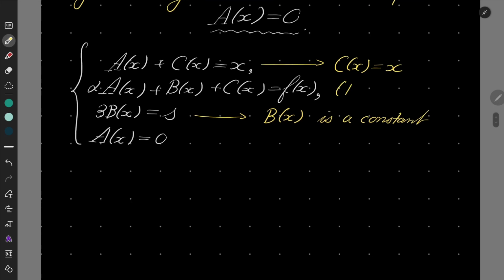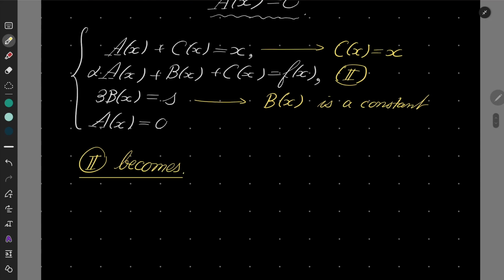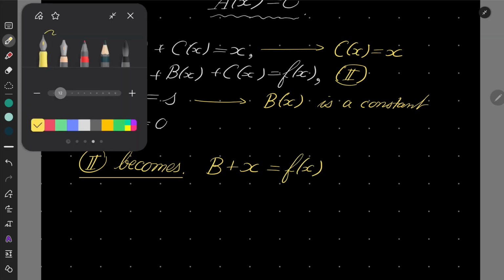So by plugging it into equation number 2, it becomes the following: 0 plus b(x), but b(x) is some constant, so let's call it b, plus c(x), but c(x) is x, equals f(x). Again, f is an affine function.